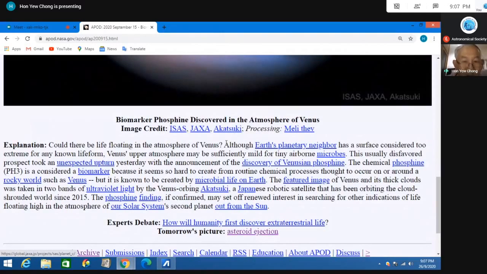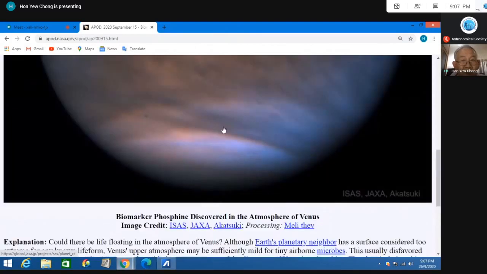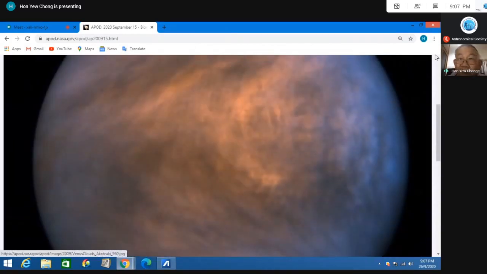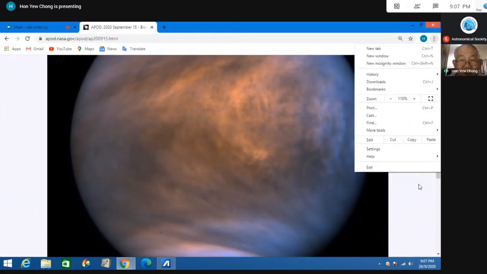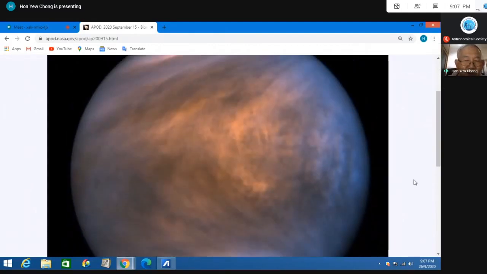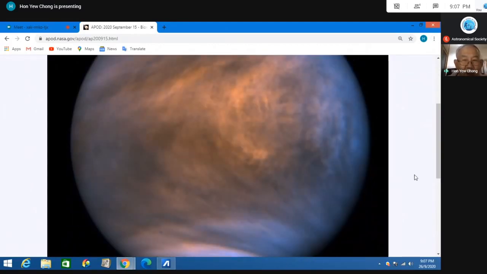So Akatsuki was a spacecraft launched by Japan many years ago, supposed to orbit Venus in 2010, but it was sent into the wrong orbit. It missed Venus, and it was like a lone ranger traveling around the solar system.